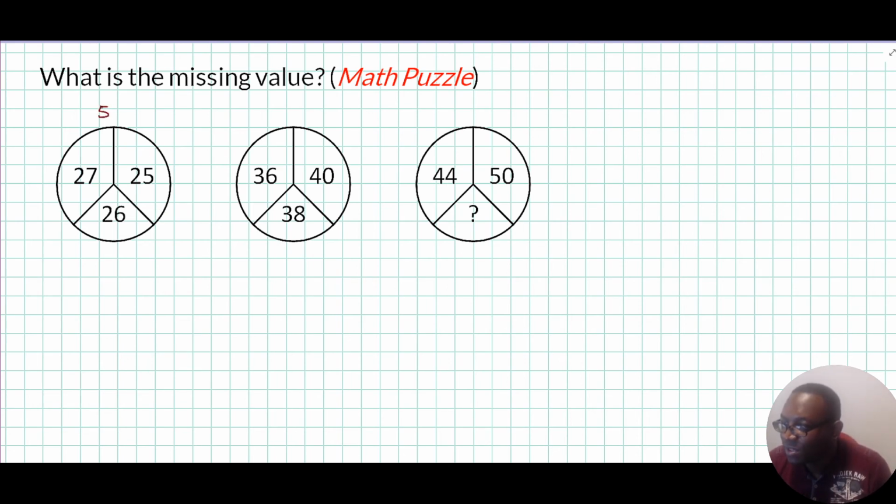That gives you 52. If you divide by 2, you get 26. 36 plus 40 gives you 76. Divide by 2, you get 38. So now 44 and 50 will give you 94. You divide by 2, you get 47. Good job, Dio.